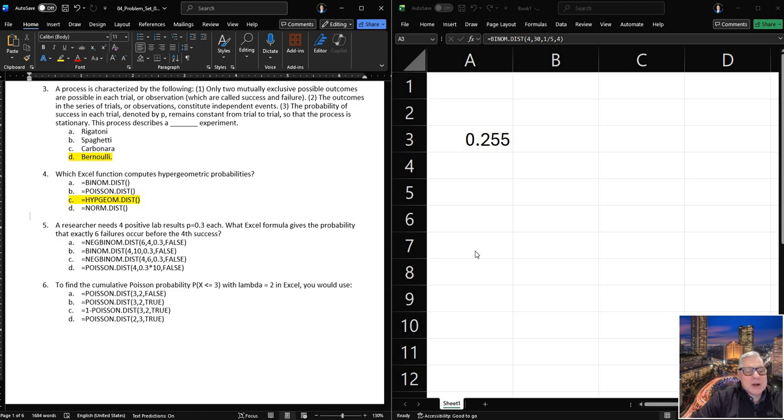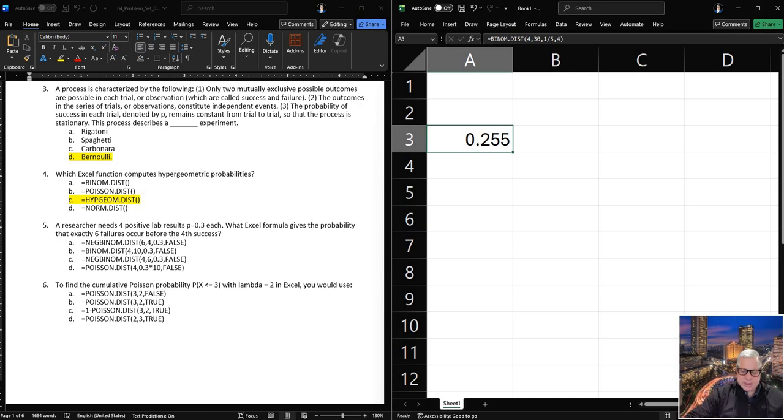Now a researcher needs 4 positive lab results where the probability is 0.3 each. Okay, what Excel formula gives you the probability that exactly 6 failures occur before the 4th success? Well, that's obviously the negative binomial, because the negative binomial gives the probability that we have a certain number of failures before we get a certain number of successes. So we have 2 choices, it's either A or C. So 6 failures.